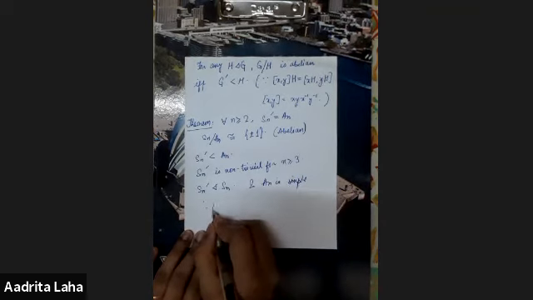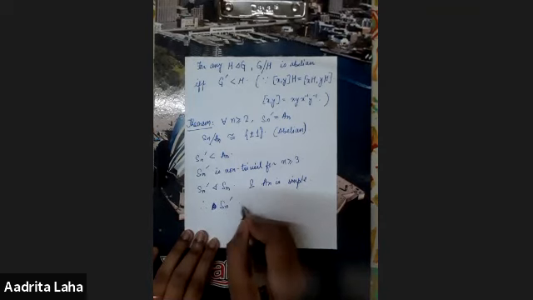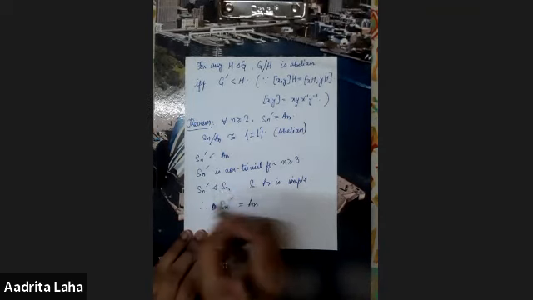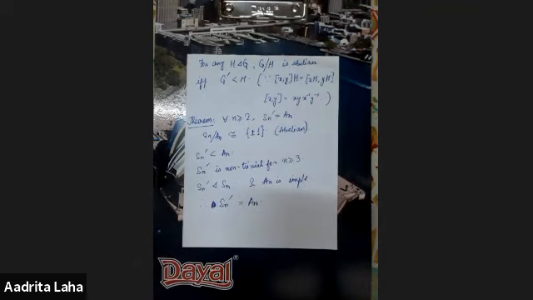And from this we can conclude that Sn prime is equal to An, since it's normal and An is normal. So An contains Sn prime, and again Sn prime contains An, so they have to be equal.